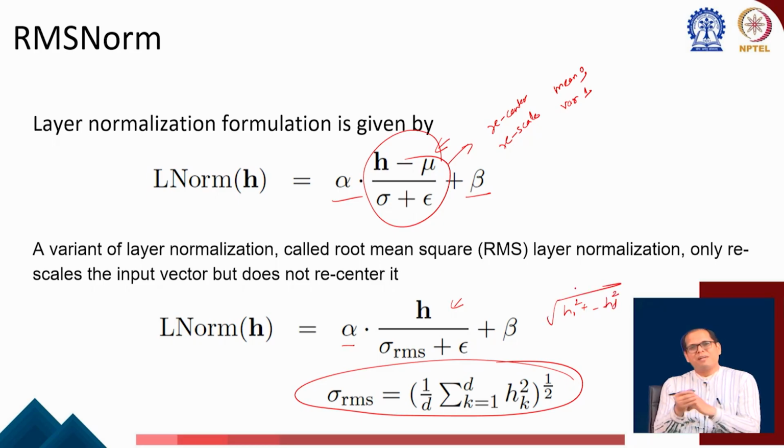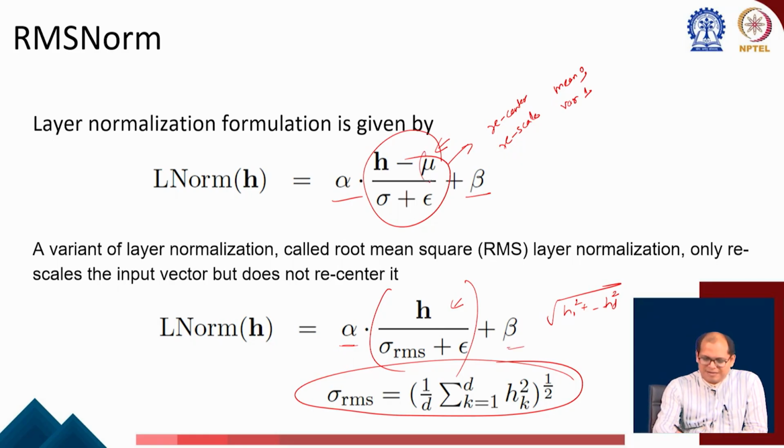So you divide by that, so that the L2 norm is there. This is the normalization, and then you can scale it and shift it. But there is no recentering happening like what you had in the layer norm. So this is the RMS norm variation.